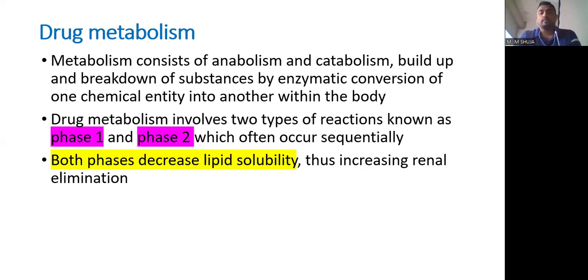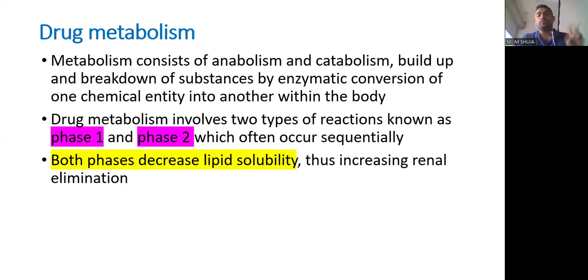Drug metabolism is carried out by a set of enzymes which act on the drug and do a biological transformation, and that makes the drug excretion easier. That is for the majority of drugs.